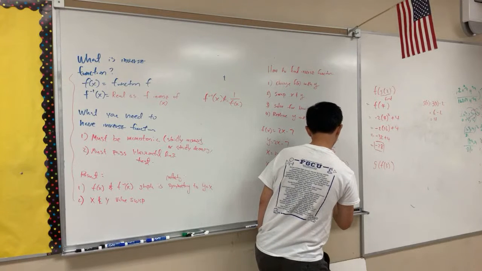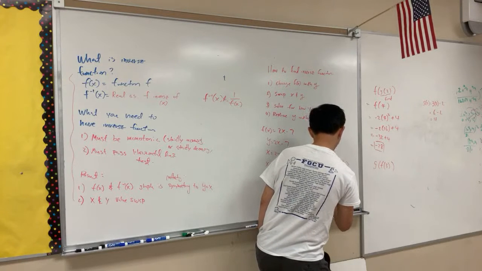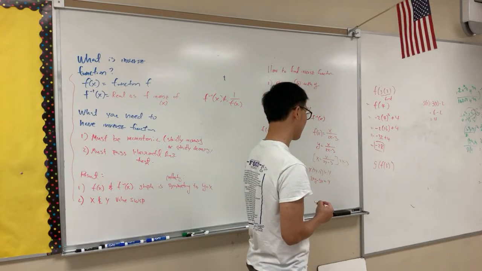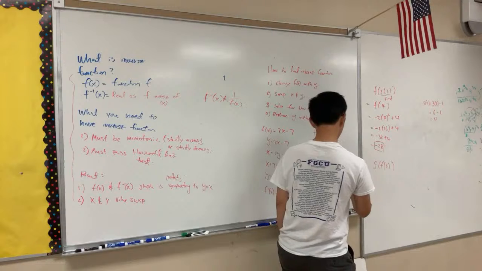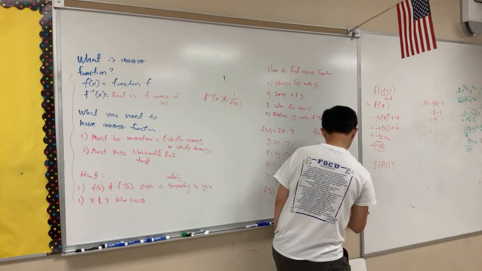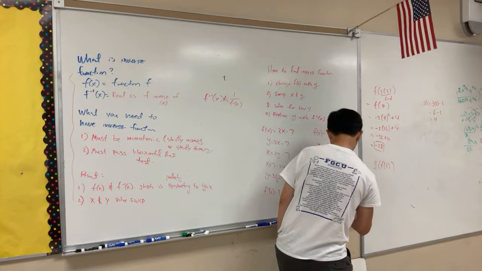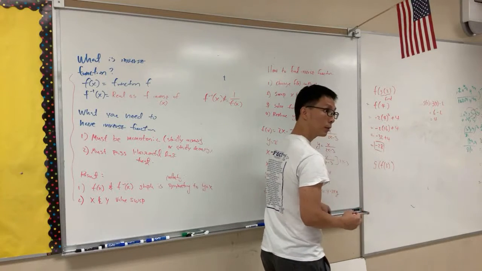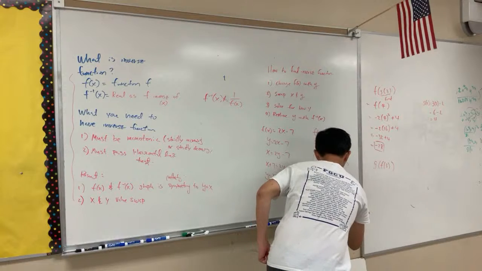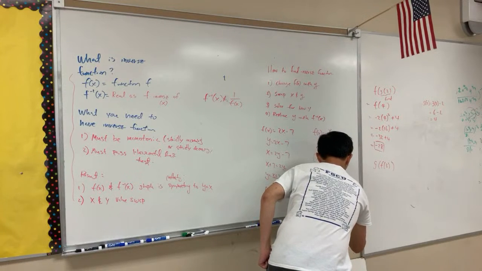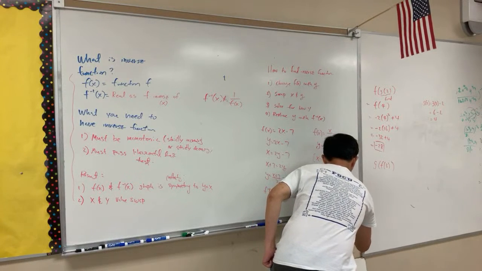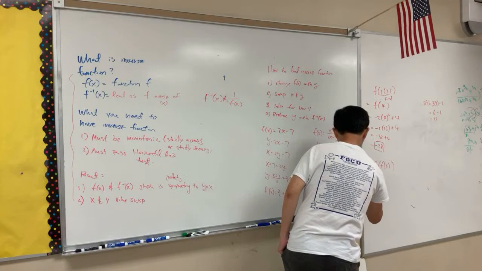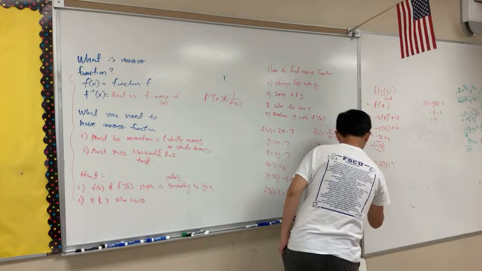I'm going to distribute this. Move to the same side, yes. Factor out the y, good, you guys are doing awesome. And then y is equal to negative 3x over 1 minus 2x.